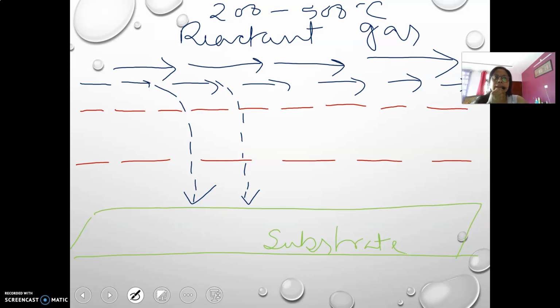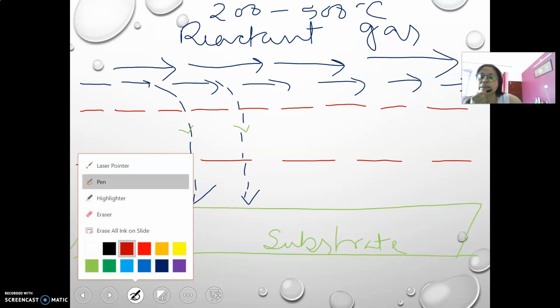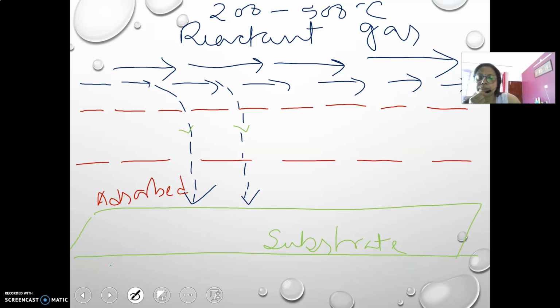So these are actually the diffusion of the reactants through the holes, and then they may get here and be absorbed. Since this is a hard, solid surface, they may get absorbed. And once they are absorbed, they may result in a reaction between these two.